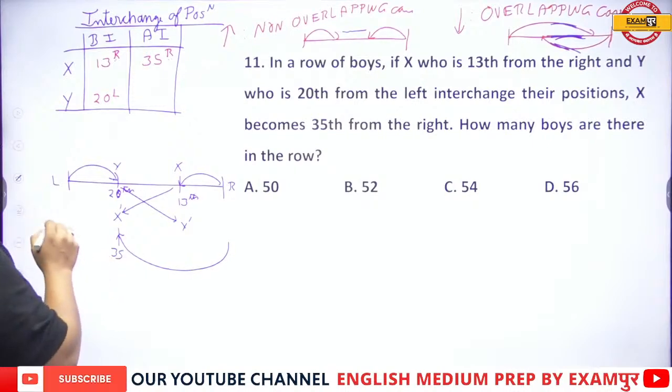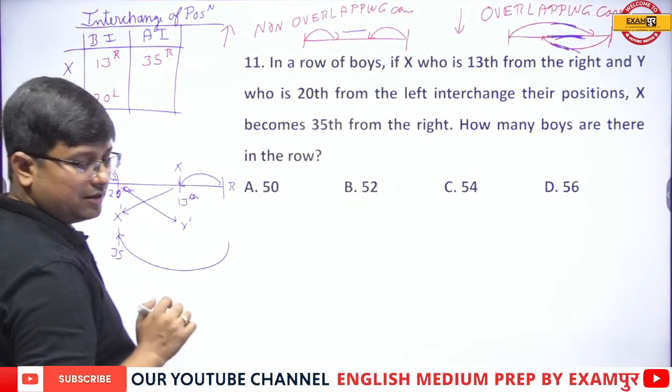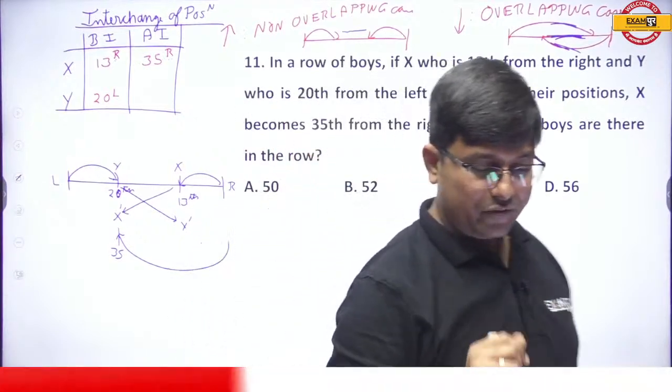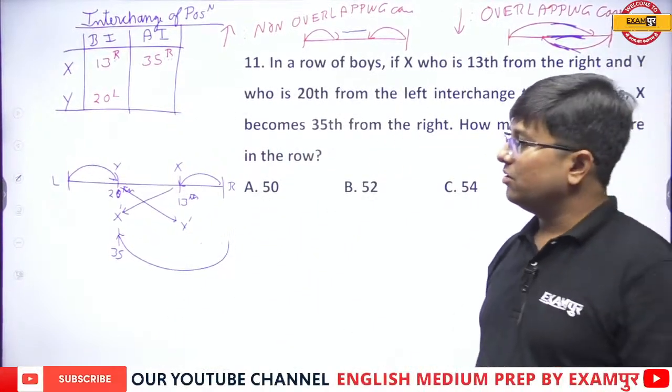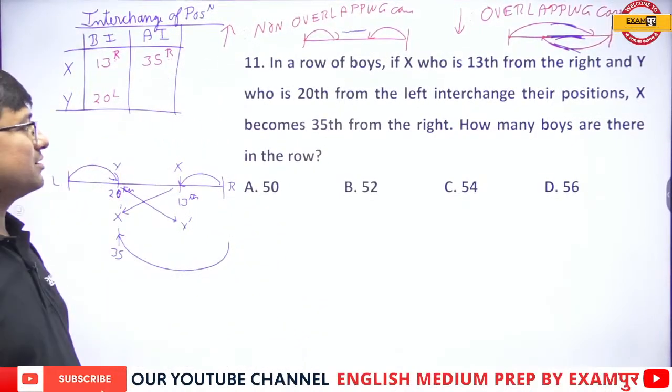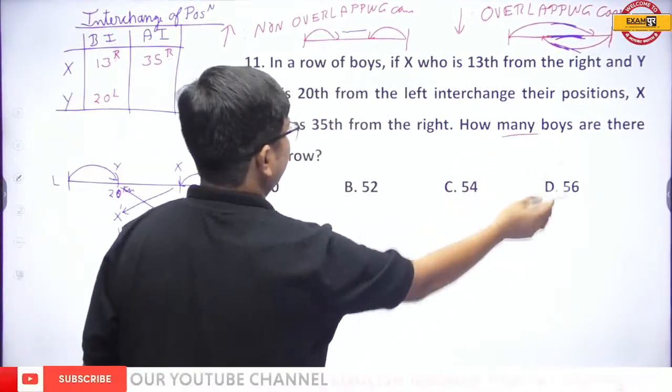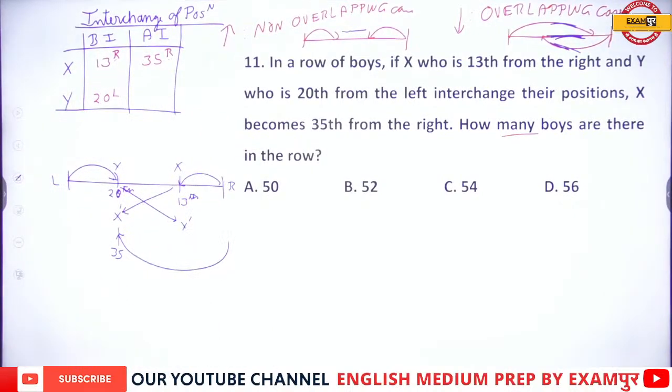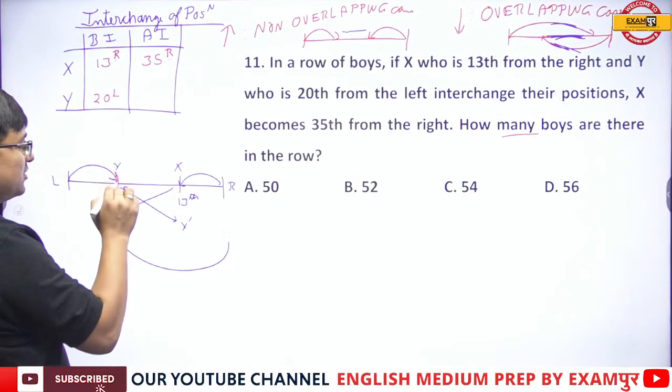Now here, two kinds of questions can be asked. Number one, what is the total number of persons? Very simple. This position is fixed, only the persons are changing.